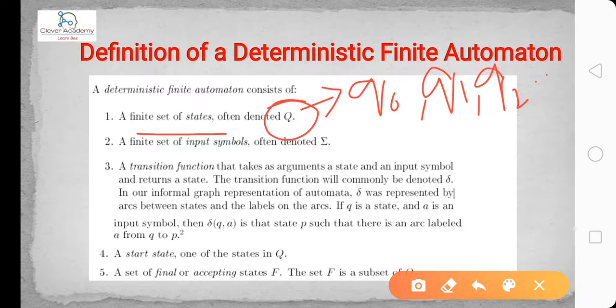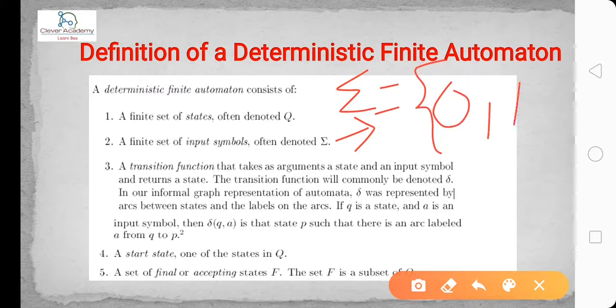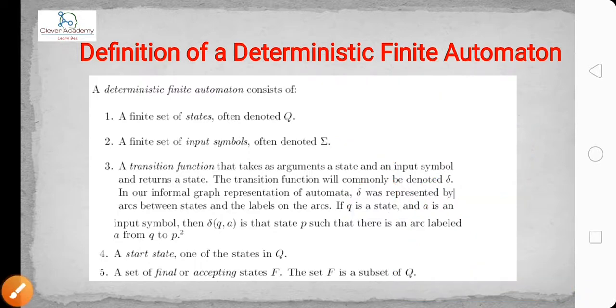Second is the set of input symbols, denoted by sigma. Sigma may be 0, 1 or A, B, whatever input alphabets we have taken. Third is the transition function.